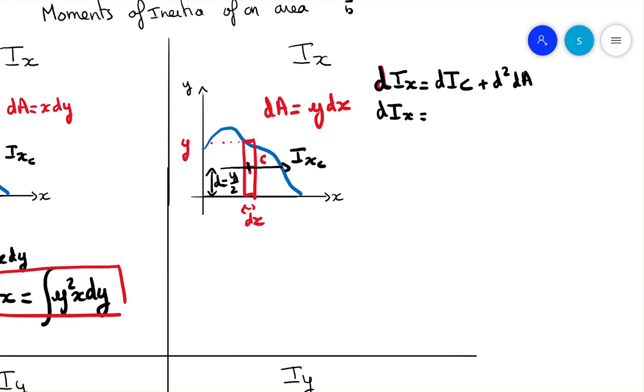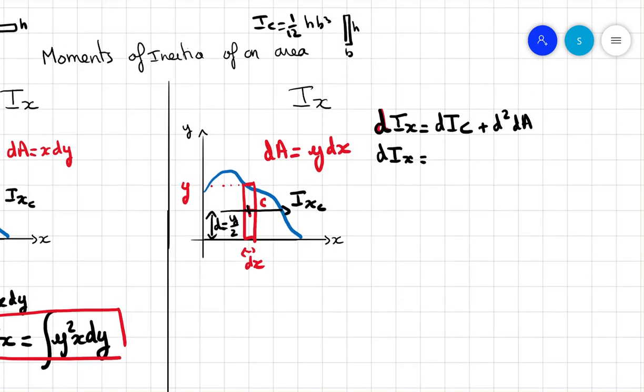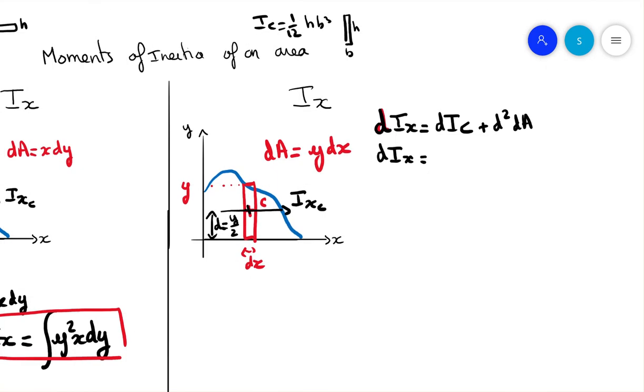It's equal to, now this one, that's what we wrote there, 1/12 of hb cube. So if I put b like this, it's still bh cube. Sorry, if I tilt it, it's hb cube. So 1/12 of b dx times h.